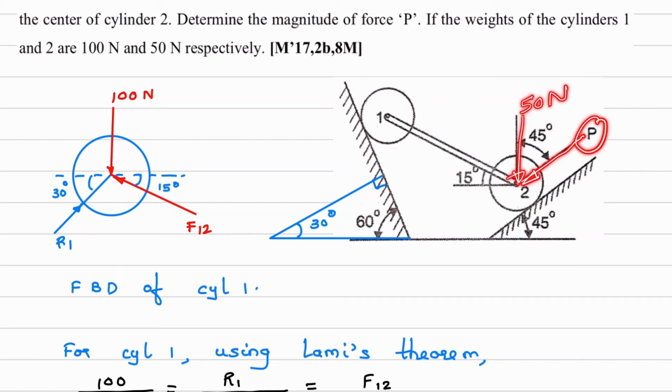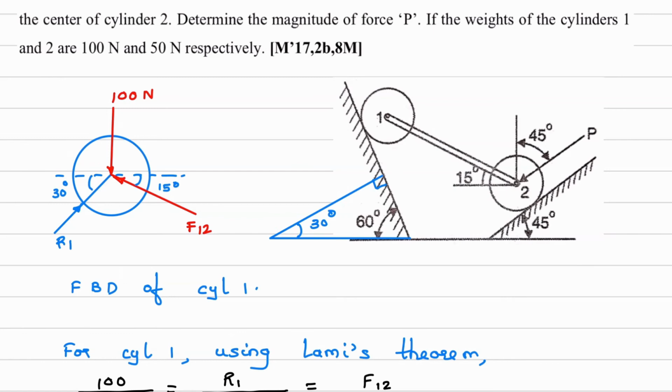So this is the second force. Here there will be a reaction R2 which is perpendicular to the surface, and this rod will exert the force at the center. Okay, so this will be F122. So how many forces are there? 1, 2, 3 and 4. Okay, and the line of action of all the forces passes through the center of this cylinder C2.